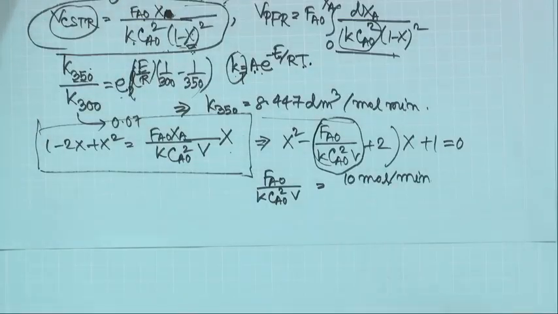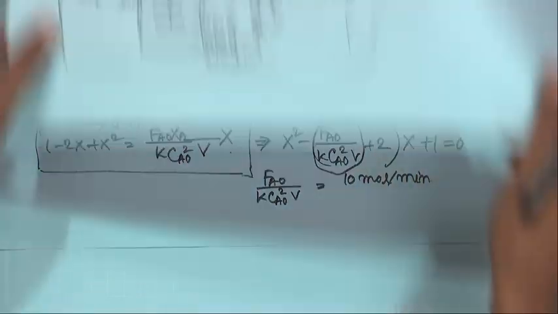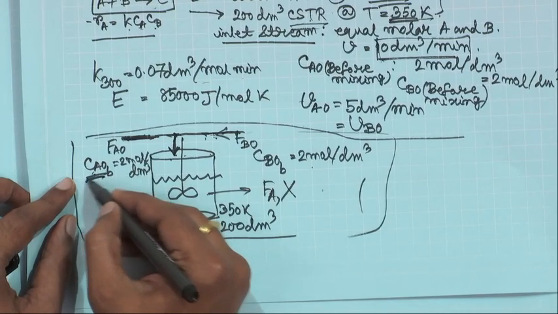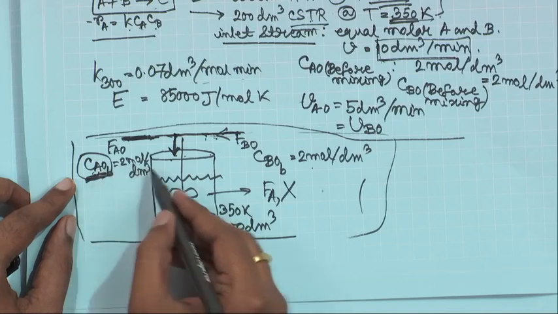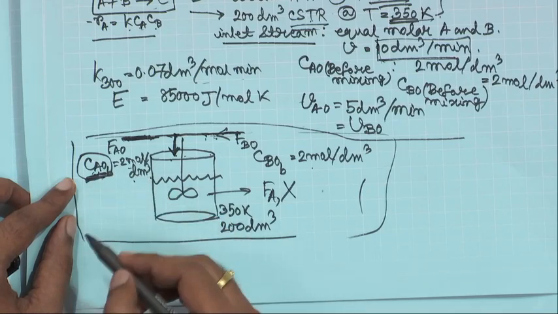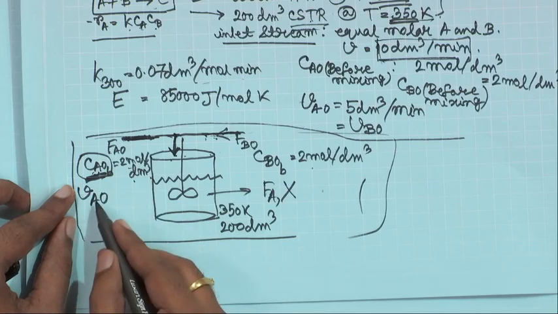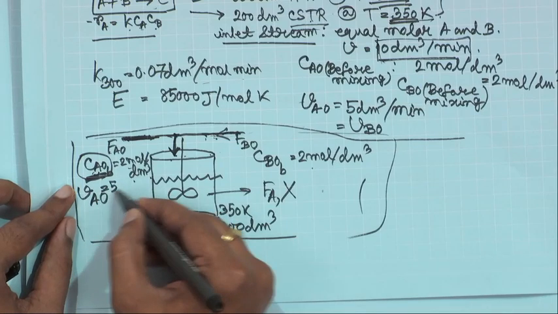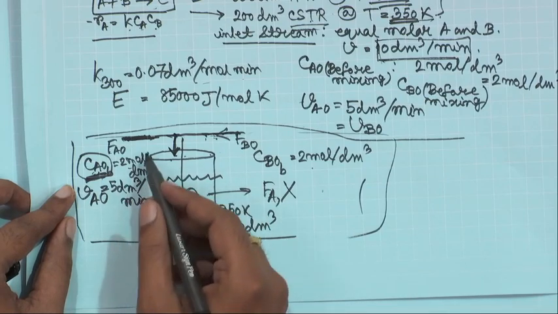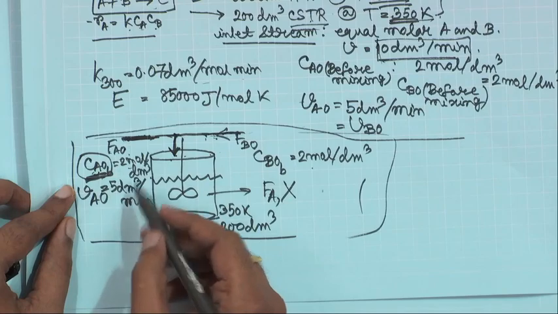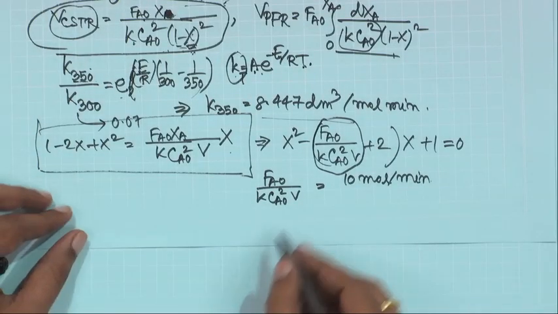But if you look at the picture here, your Ca0, which is the concentration before mixing, is 2 moles per decimeter cube, and the volumetric flow rate in of A is 5 decimeter cube per minute. So, you have to multiply these two, and you get the value of Fa0, which is 10 moles per minute.